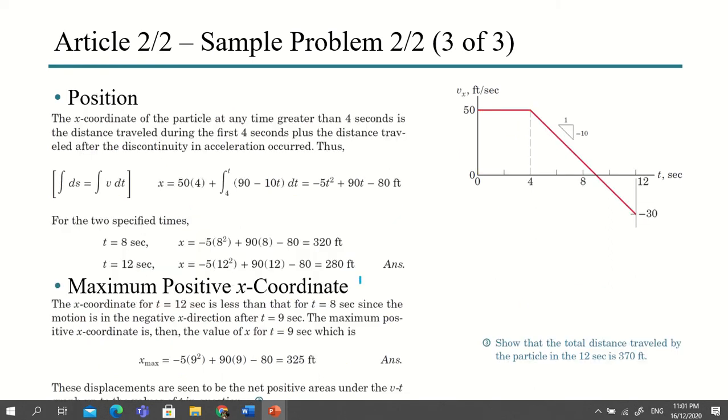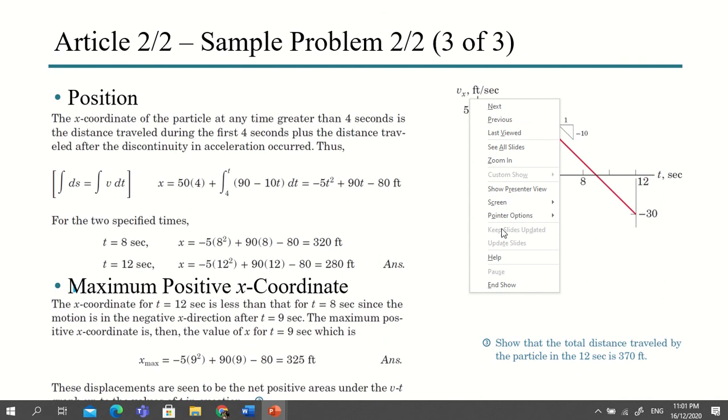Okay, now by the way, class, this is just the same as in the previous slide. So we go directly to the maximum positive x coordinate.